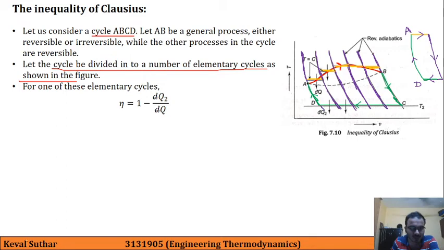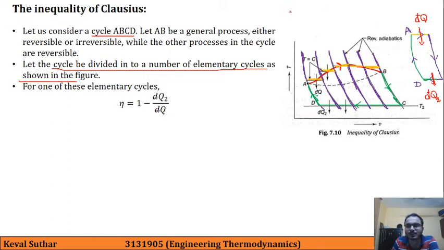Here we have this portion as d cut q1, and here we have d cut q2. So this is the quantity of heat which is supplied, and this is the heat which is rejected.